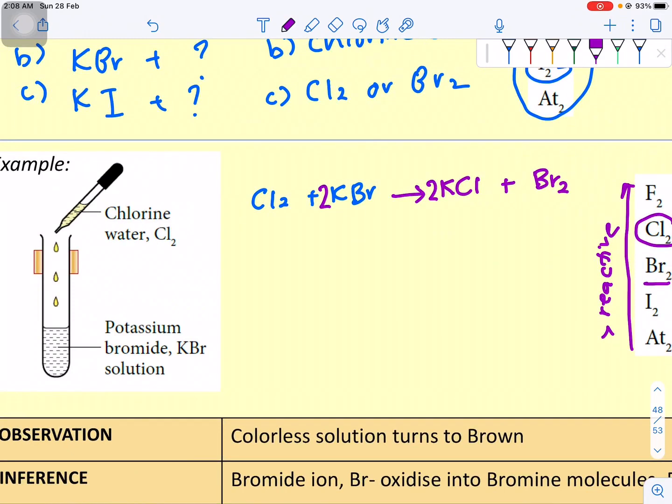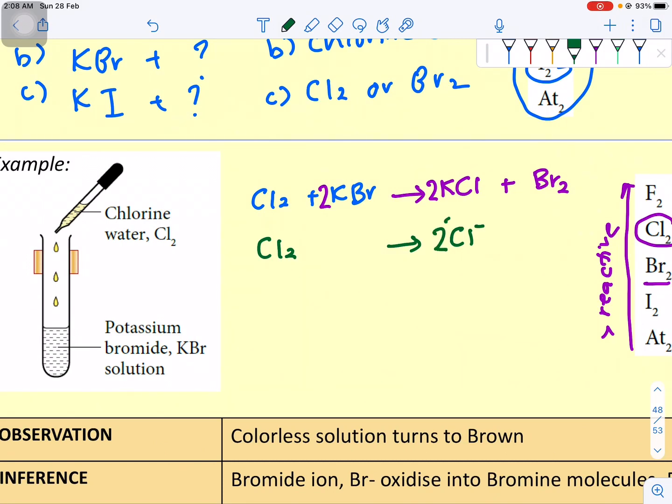Okay, so from here we have to prove this is a redox reaction. How? We can check based on the oxidation number or half equation. Let's say I do it based on half equation. We choose what changes. We can see that what changes is chlorine. It turns into Cl. What is Cl? Chloride. In potassium chloride, there is chloride ion. Balance, we have 2.